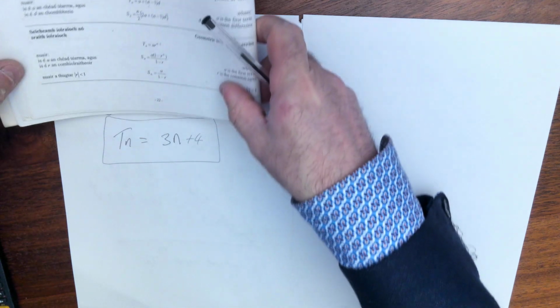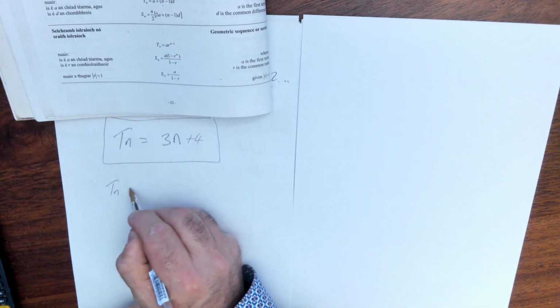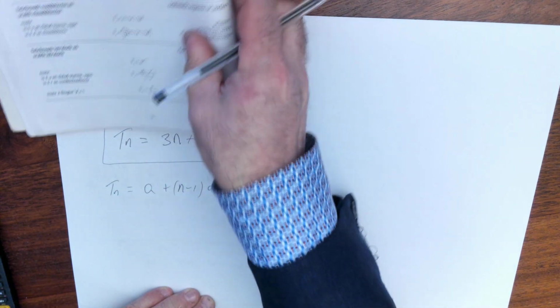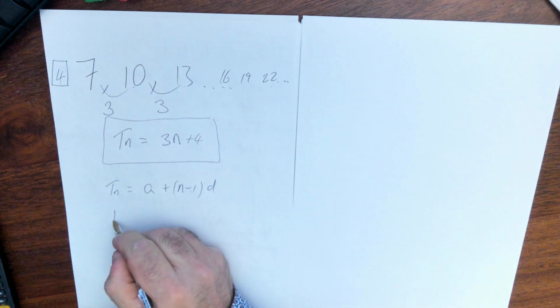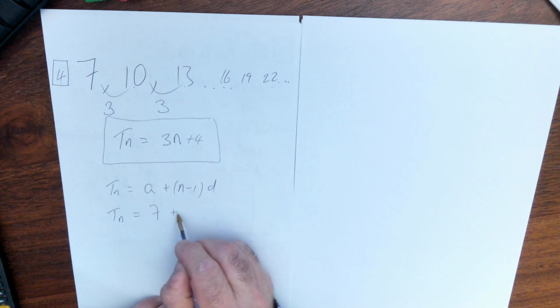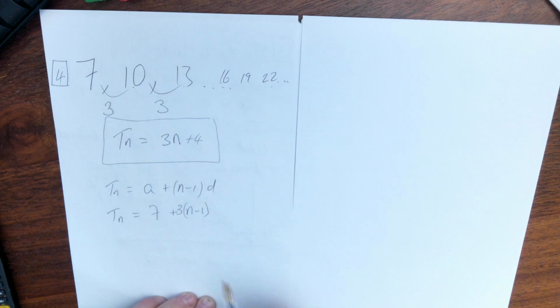You could, through 2 other methods, use the formula term n equals a plus n minus 1 d. In that case, term n is 7 plus n minus 1 times 3, and I'll put the 3 in front here.